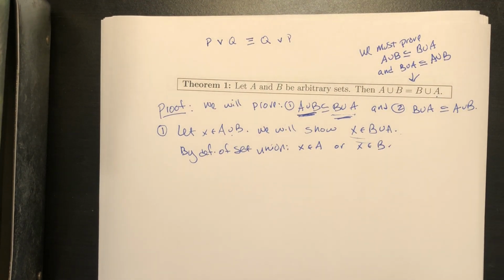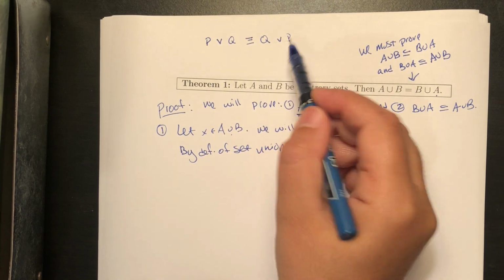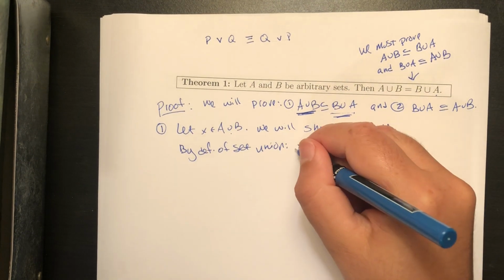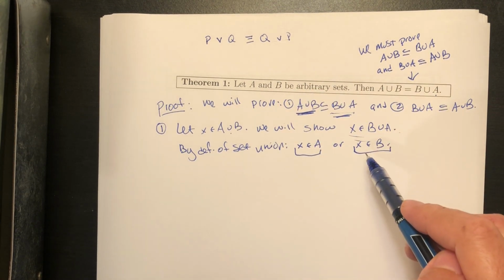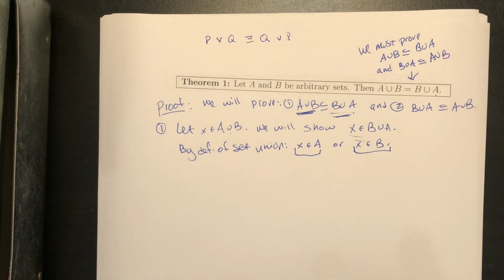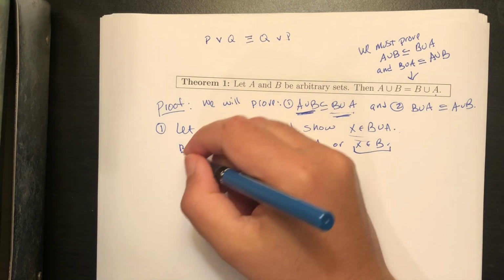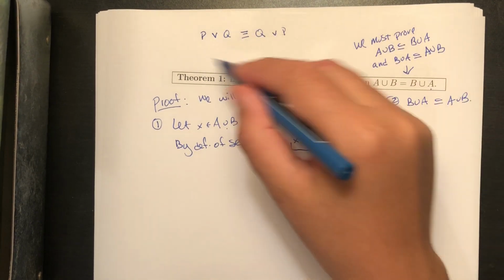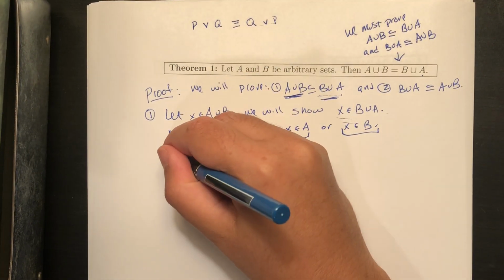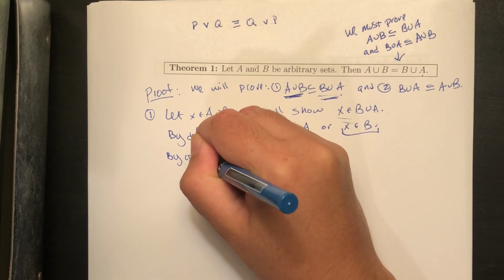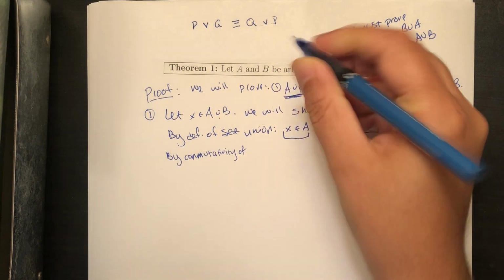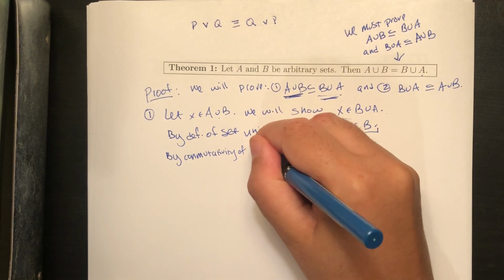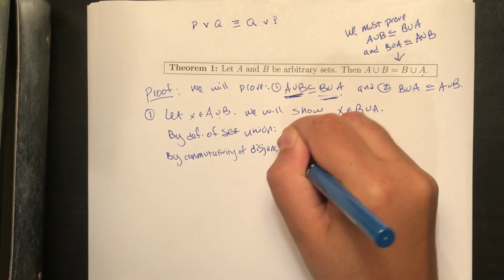Because these statements are logically equivalent, and these are statements too, this is maybe your P and this is your Q, and that's logically equivalent to Q or P. So we call this commutativity of disjunctions, because they're or statements.